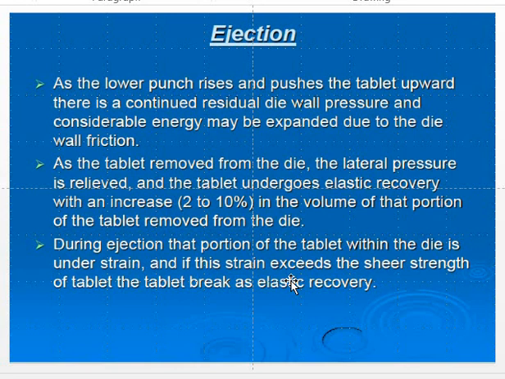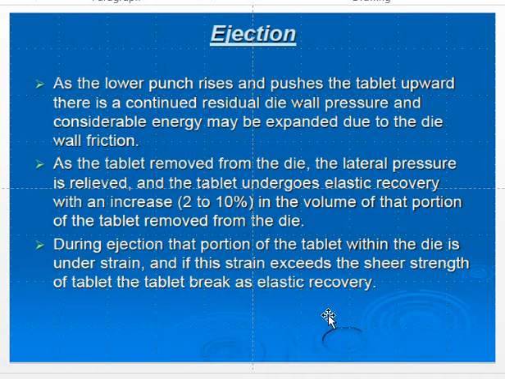Generally, when we are ejecting the tablet, we are applying pressure or force from the downside. So inside the die cavity, when the tablet is moving upward because of the lower punch, lateral pressure develops on the tablet, and it may cause the tablet to break. Sometimes the tablet, after removal from the die cavity, may also change or expand a little bit.